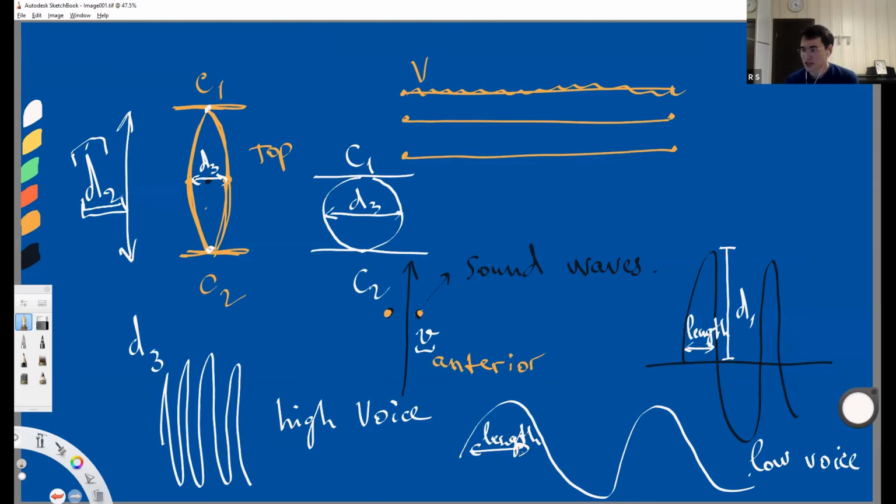What are the bronchi? Where is their location, and what are the functions? Bronchi is the plural of bronchus. So the bronchus is the division of the trachea.